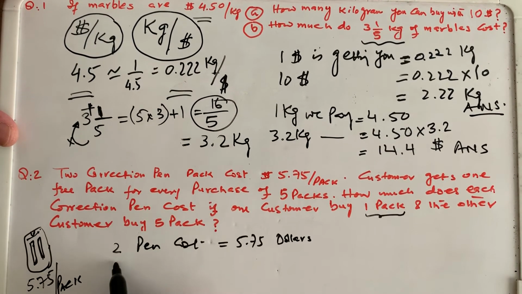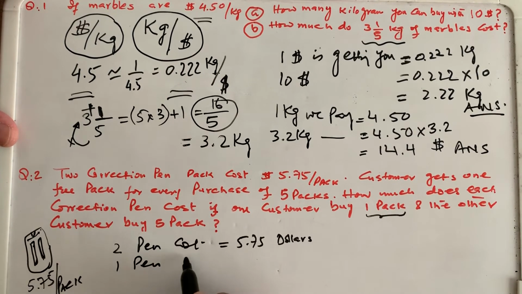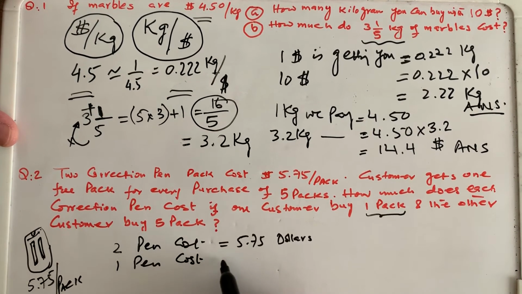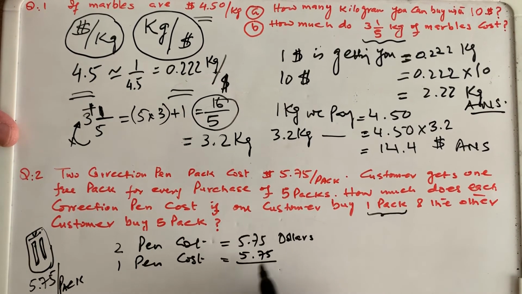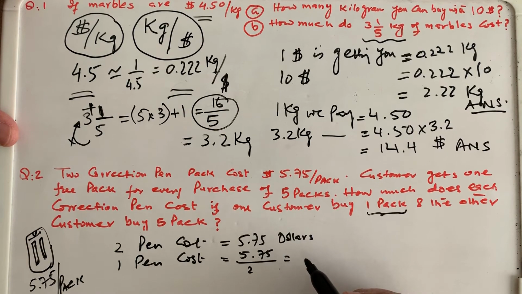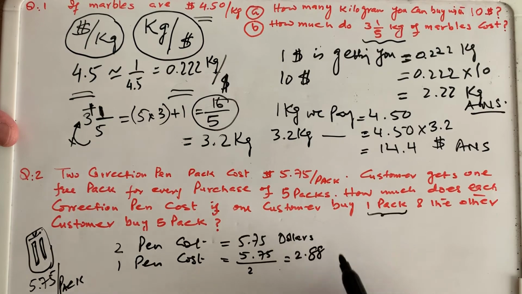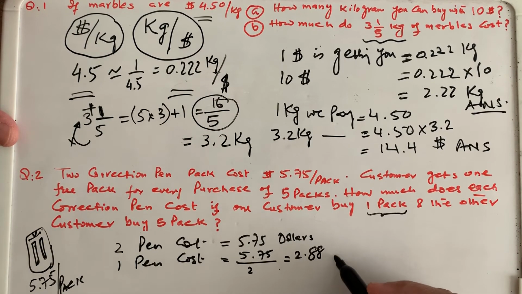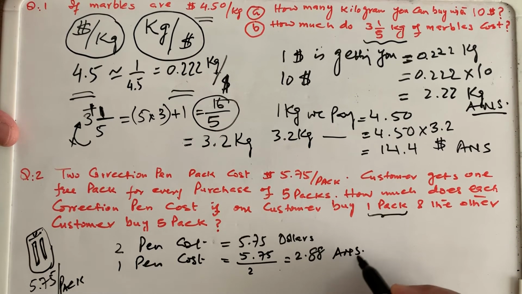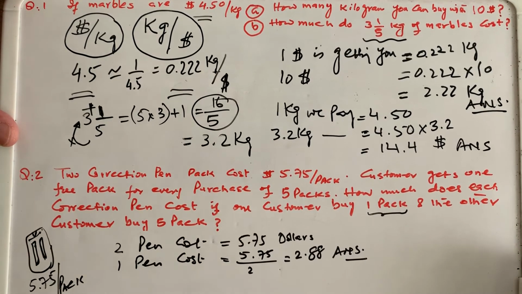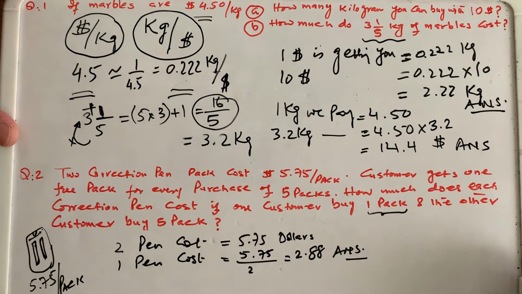What is the question asking? 1 pen cost. If he is buying 1 pack, 1 pen cost will be less, and in case of less you have to divide. So you divide 5.75 divided by 2, you will get $2.88. This is your answer for the first part, which is asking for the cost of one correction pen if he buys one pack.